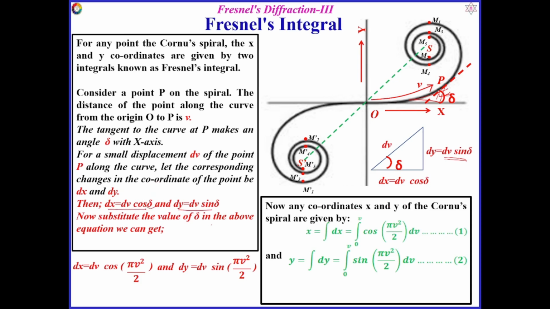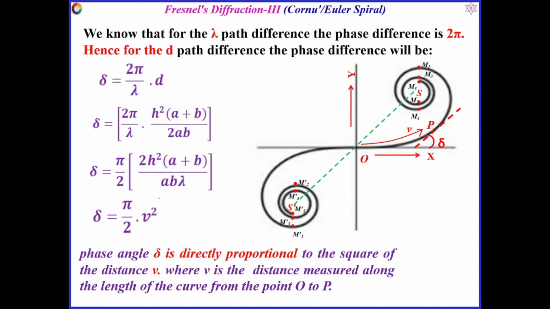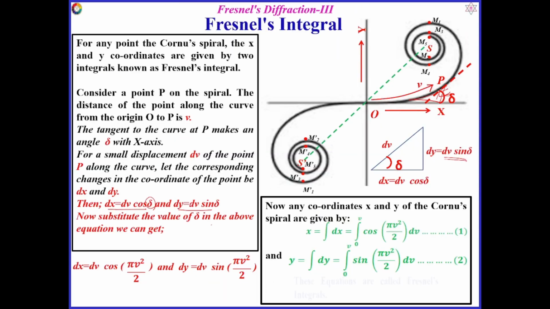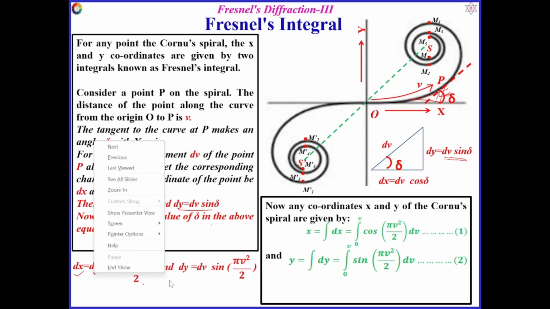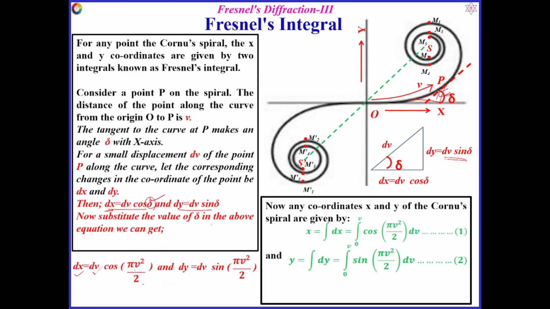Delta we already found as pi b square by 2. Putting pi b square by 2 instead of delta, dx will be equal to dv cos of pi b square by 2, and dy will be equal to dv sin of pi b square by 2.